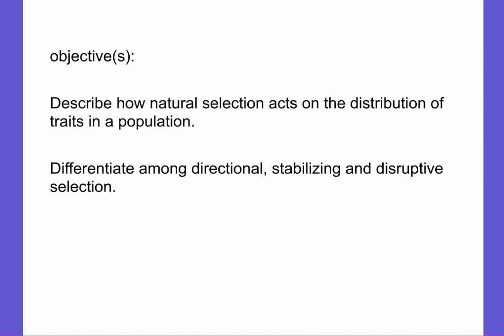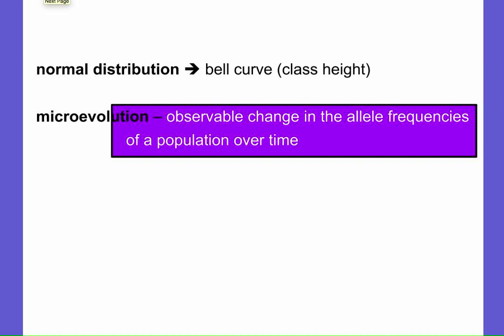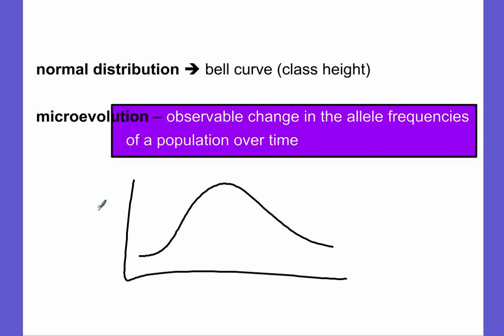And so to start with, we talked about a normal distribution, that bell curve, right? So you should have that in your notes already. But again, it's just a distribution that looks something like this, right? There should be more average than the extremes in a graph, right?